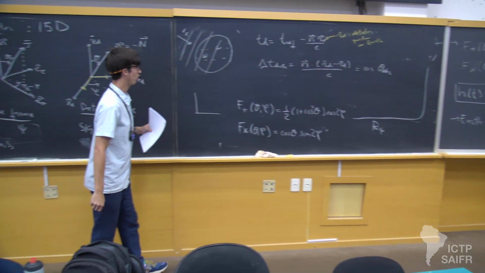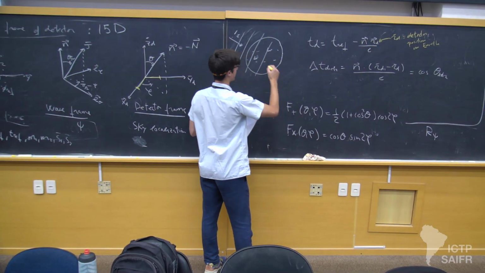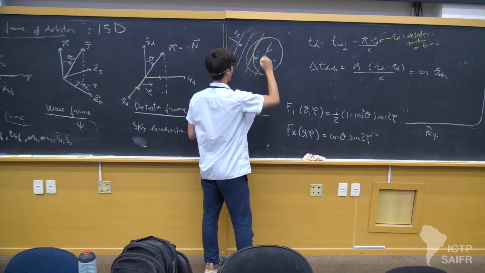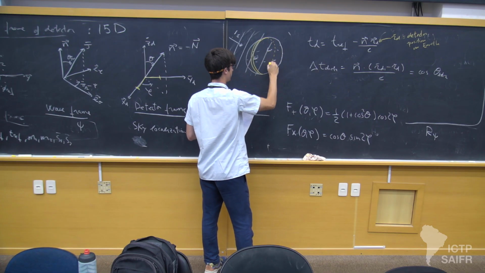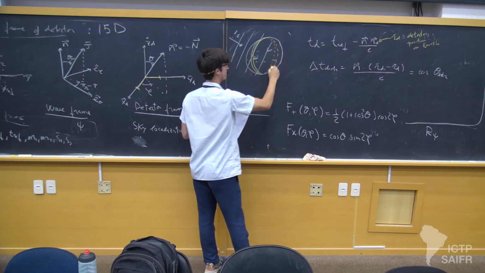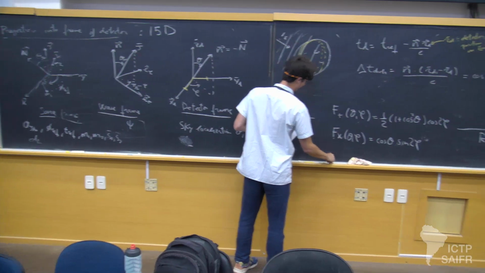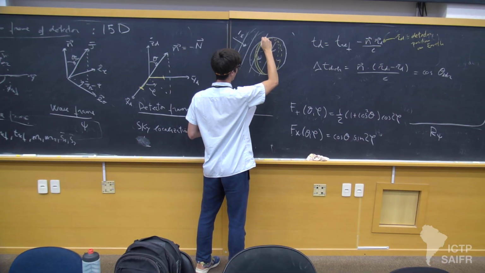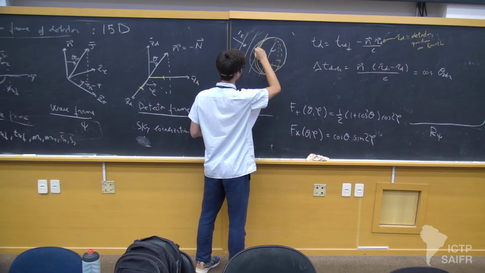What you get effectively is that with two detectors, you can say that your gravitational wave is located within one ring in the sky. And if you have another detector, let's say here, you get another ring in the sky.